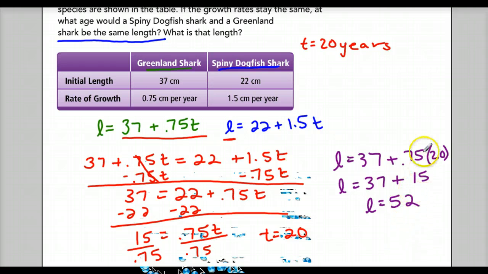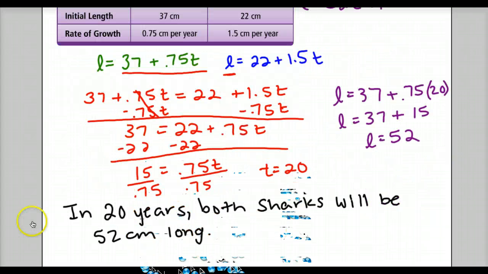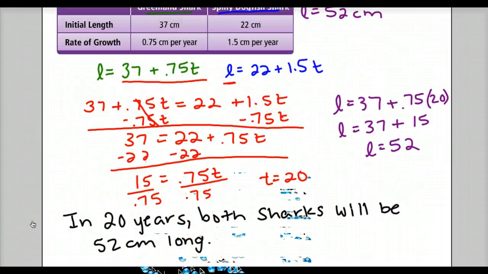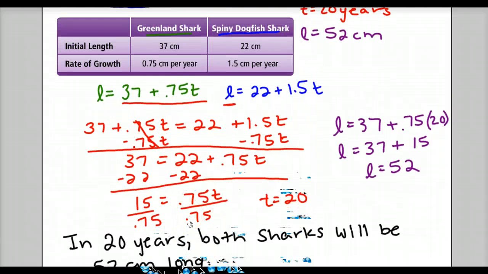So that means in 20 years each of these sharks' length will be equal, and that equal length will be 52 centimeters. And of course, since it's a word problem, we need to answer in a complete sentence. So I put in 20 years both sharks will be 52 centimeters long. So go ahead and put that in your box as well.